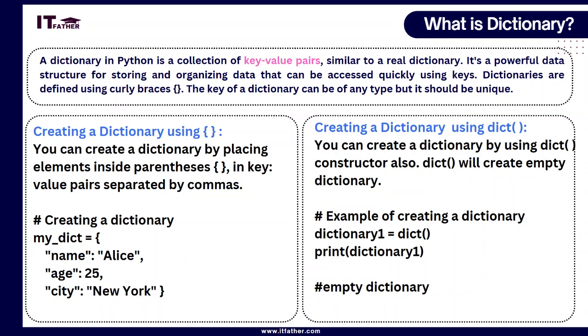Now in a dictionary we can also store a list, we can store a tuple, we can make a nested dictionary, a dictionary inside another dictionary. So this concept is going to be very interesting and really you are going to enjoy. It's a very powerful data structure for storing and organizing data that can be accessed quickly using keys, right?